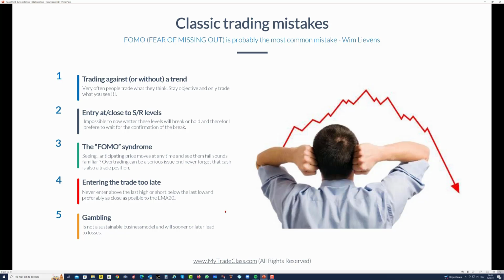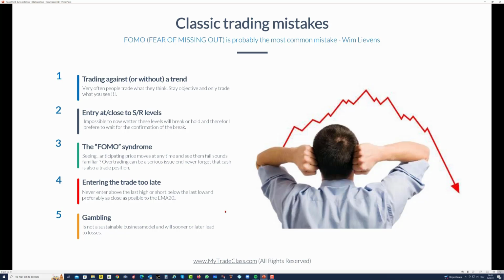and that is, as I said before, trading when there is no trend, or against the trend, or entering the market very close to support and resistance levels, which I don't think is very smart. It's better to wait until these levels are broken.